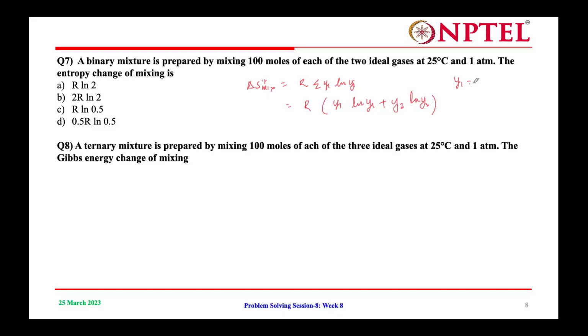So the mole fraction is 0.5, 100 divided by 200, so here 1 by 2, right.